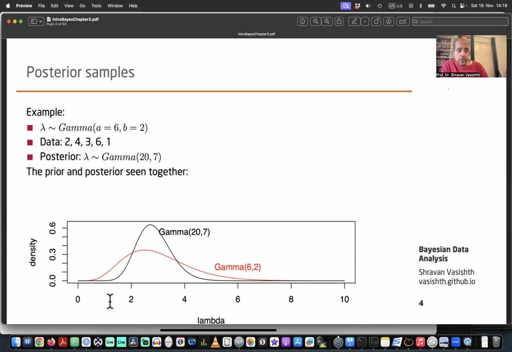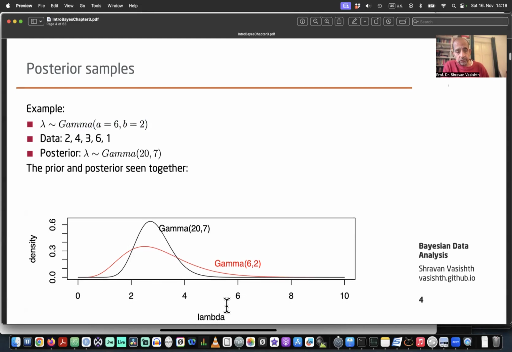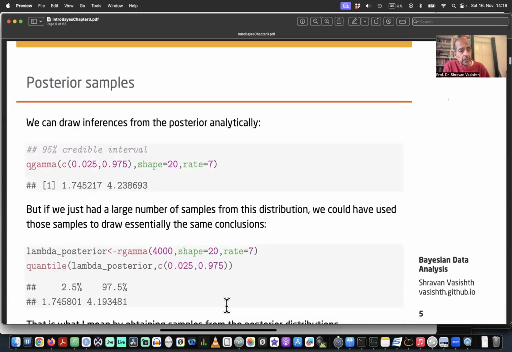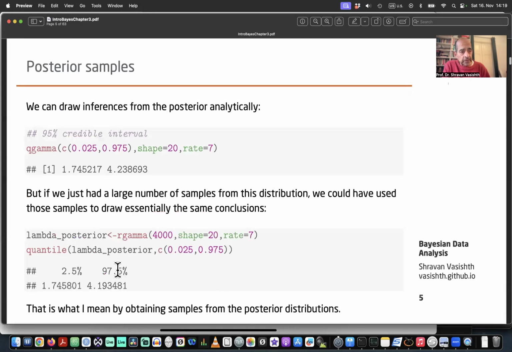And so the problem we'll be facing is how to describe this distribution, how to even graph it, how to plot the distribution so we can see what it looks like. So what we are going to have to do is use something analogous to the R family of functions.